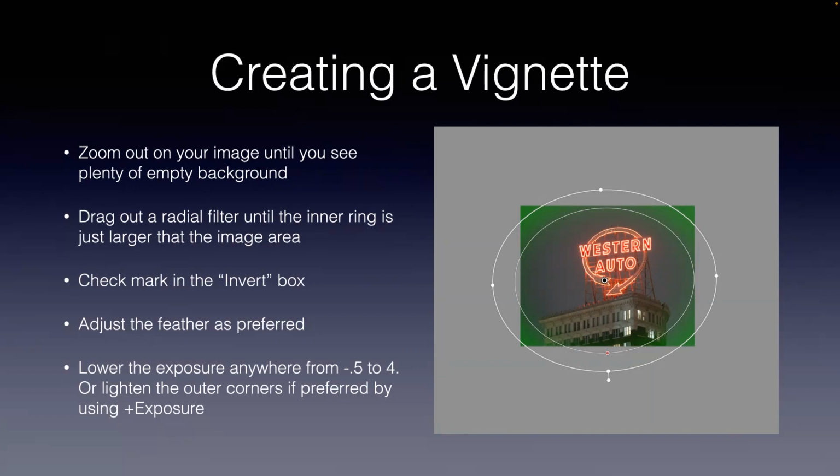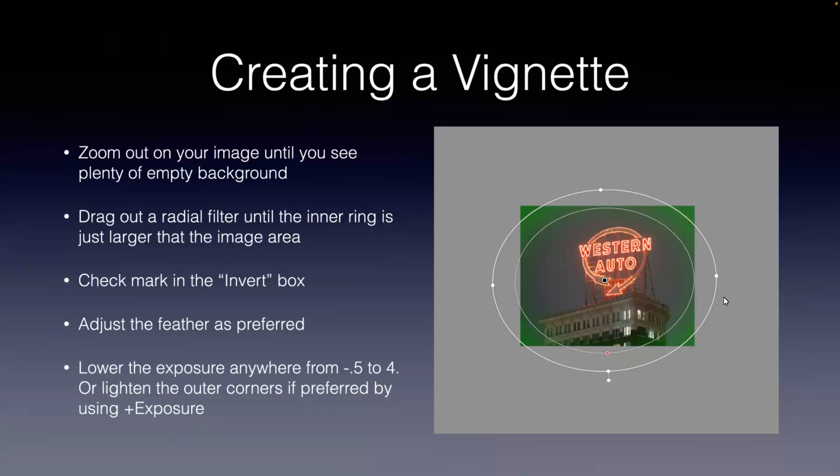So the way I do my vignettes, if you'll notice, and this is also a reason to bring this point up, is radial gradients and linear gradients can actually be out in this workspace. It doesn't have to only be inside the picture. So you can expand the edges of the workspace when you use those two different filters. So what I would do is, in this case, I will draw out my gradient.